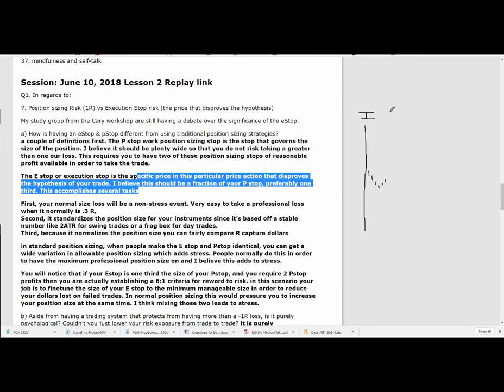And so my position stop on intraday, my recommendation is that your P stop should be a frog box until you refine it further. So 1 frog box. And that means, so if I propose to enter right here, and if my frog box is that big, and let's call that 50 cents.